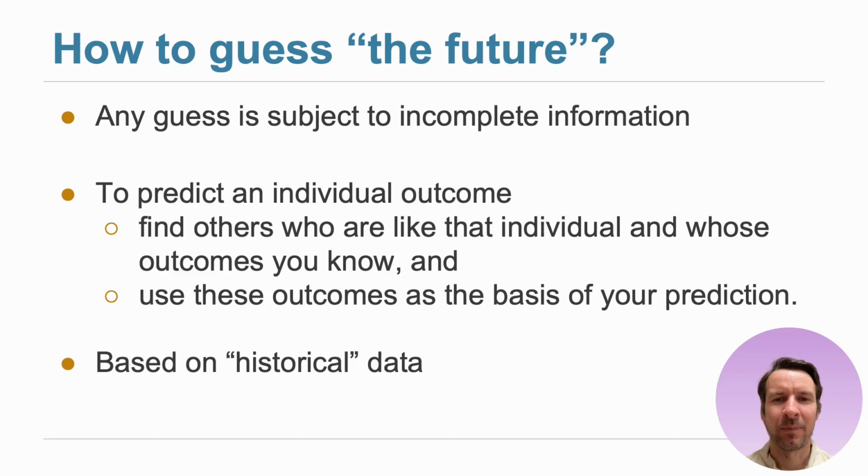You look at other subjects or individuals that are somewhat similar to the thing you are trying to predict. You look at the outcomes, what happened there, and then based on those you try to guess what will happen with the subject you are trying to look at.